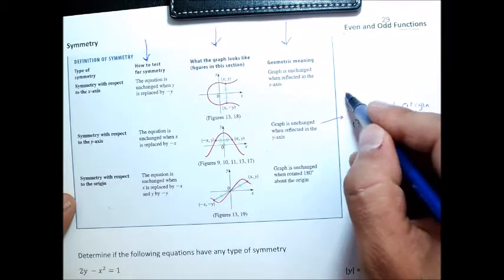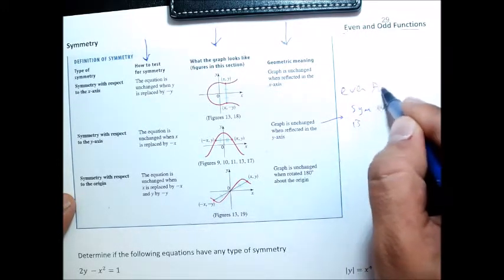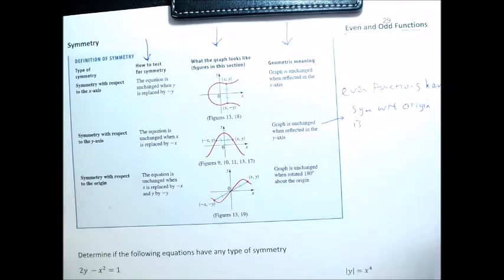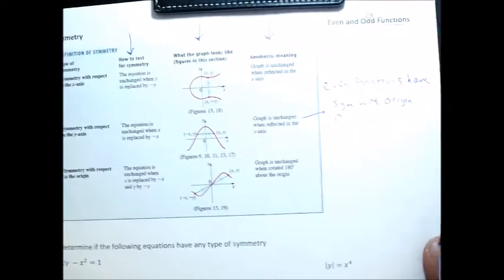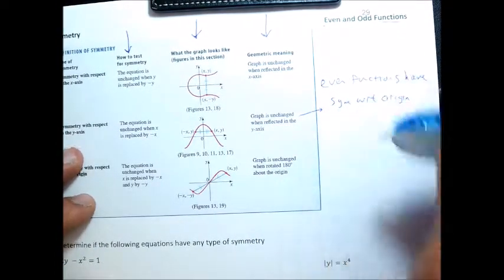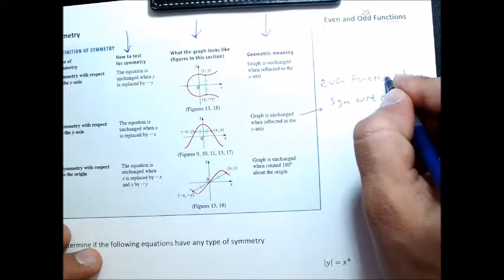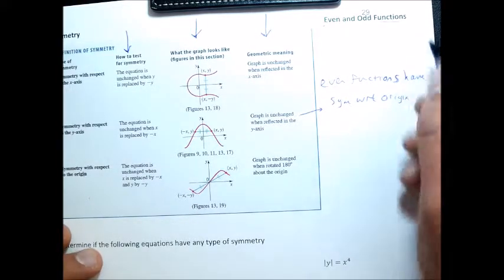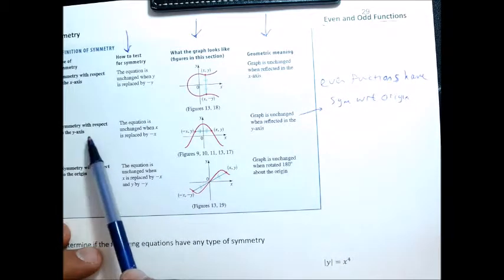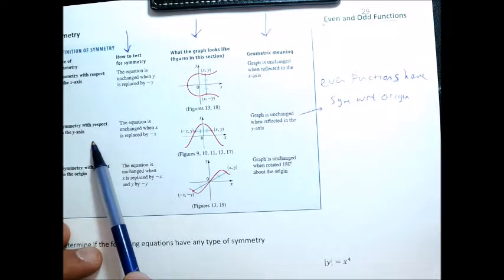What I want to say is even functions have symmetry with respect to the y-axis. What I wrote there is hard to read. And so saying a function is even is just another way of saying that it has symmetry with respect to the y-axis.